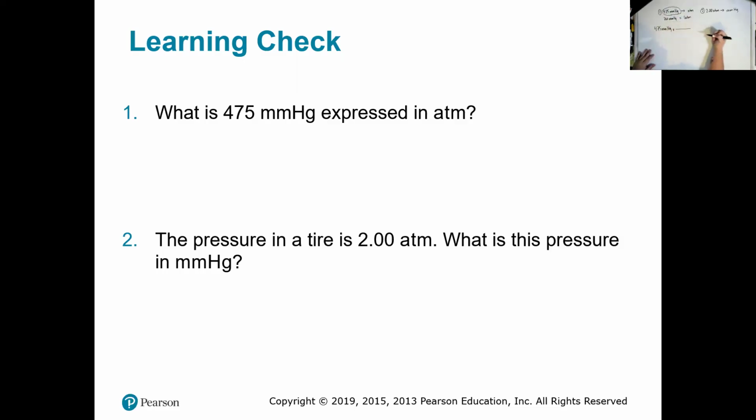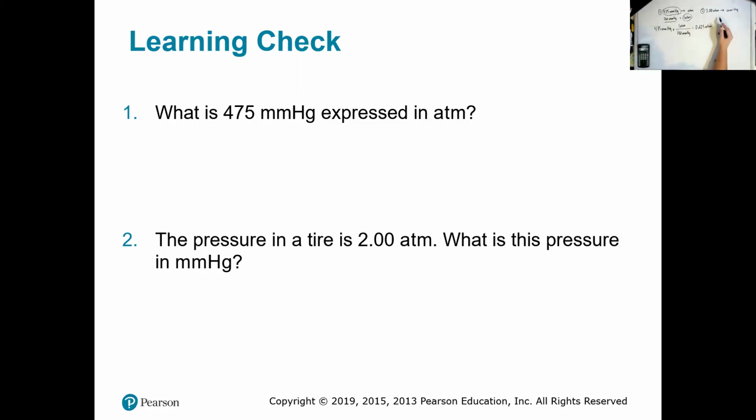Then when you set up your conversion factor, whatever unit you're working with goes in the denominator. So our 760 millimeters of mercury goes on the bottom, and our 1 atmosphere goes up top. Then we calculate that out, and we have a pressure of 0.625 atmosphere.